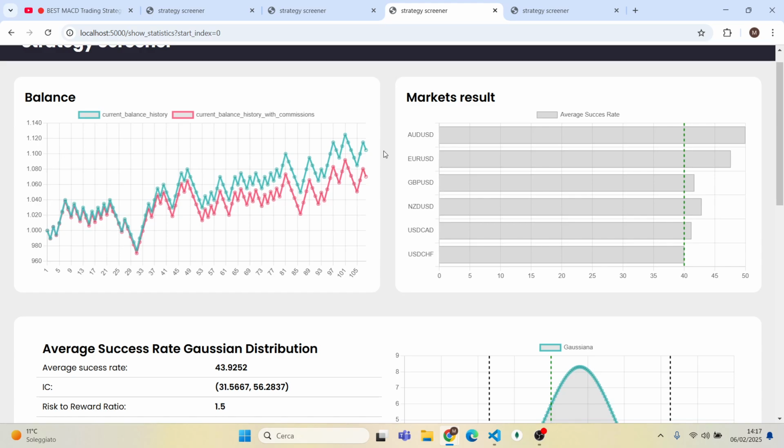I don't think it's a good result. And also, the other thing is that this statistical analysis, I don't say that it doesn't make sense, but these results are not so statistically important.